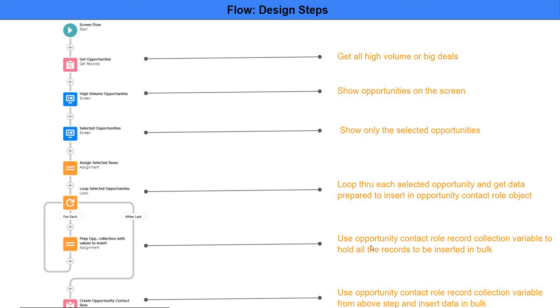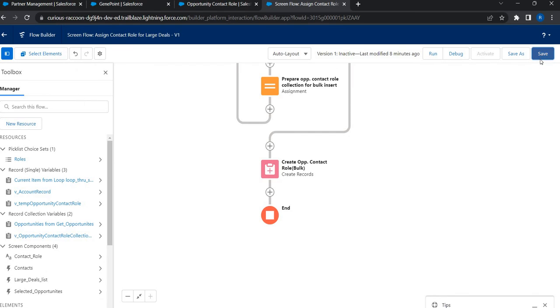This is what we just did. We managed to loop through, and then we built the record collection that is going to be sent as an input to the create data element. So let's save this and then put it in debug mode and see it in action.